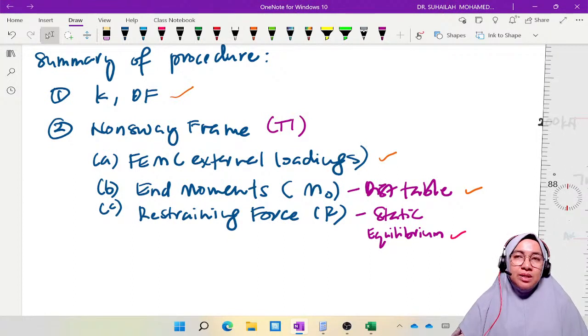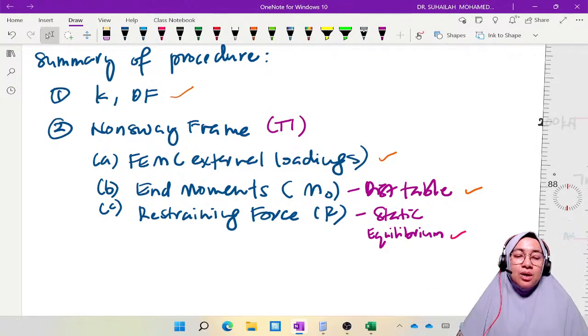We write shear equation, and from the shear equation we get the formula of R. In the equation we have two unknowns, AX and DX, that we can get from column analysis. So we analyze column AB and column CD using static equilibrium, and we get R value.